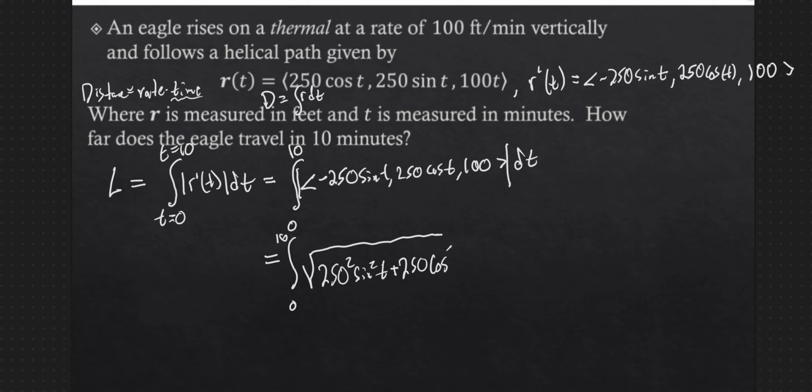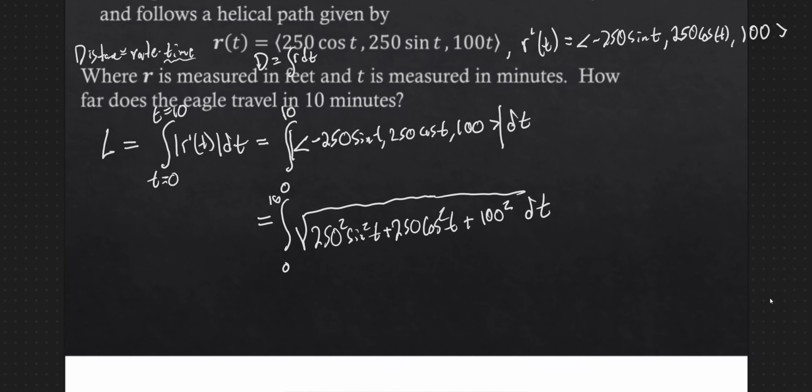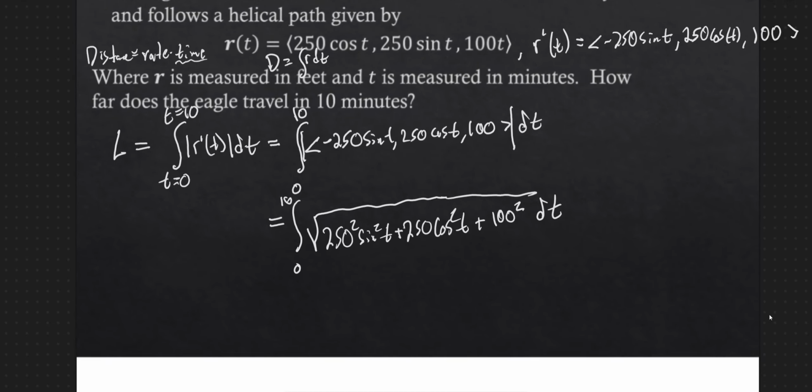Plus 100 squared, dt. Notice the dt is not in the square root here. It wouldn't make a whole lot of sense if it was. Anyway, here we have sine squared plus cosine squared. I could pull a 250 squared out of that, and I know sine squared plus cosine squared is 1. So I should just have 250 squared here, and then 100 squared over here. Hopefully you caught that too.